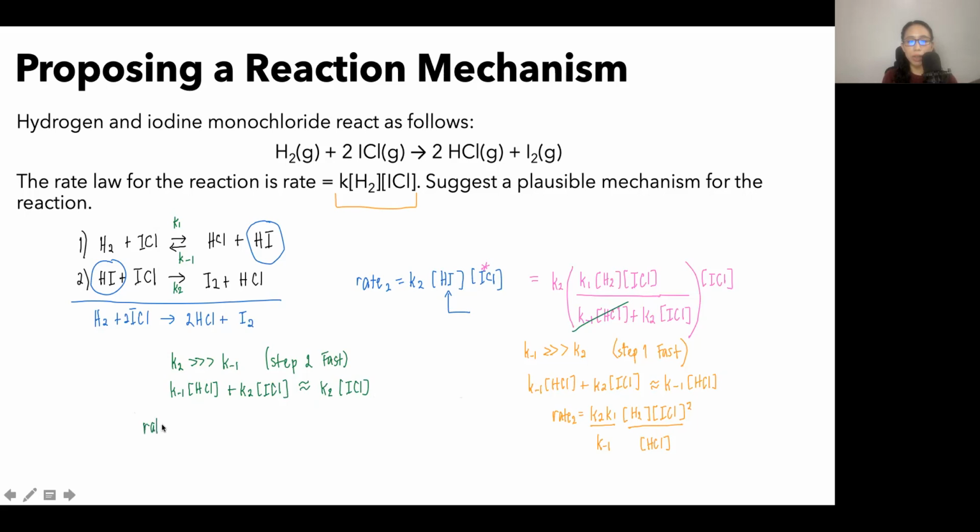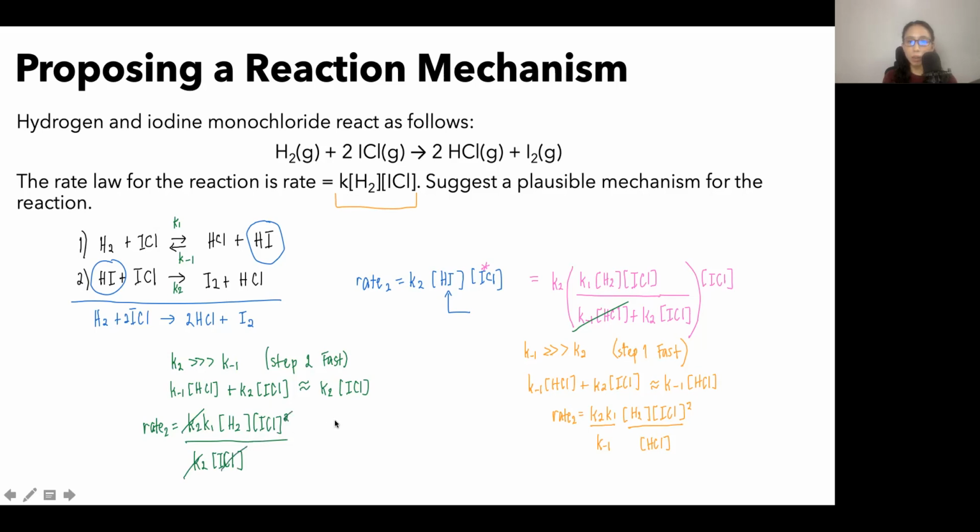That's rate 2 equals k2 times k1, times H2 times ICl squared, over k2 times ICl. And simplifying that, k2 cancels out, ICl also cancels out.